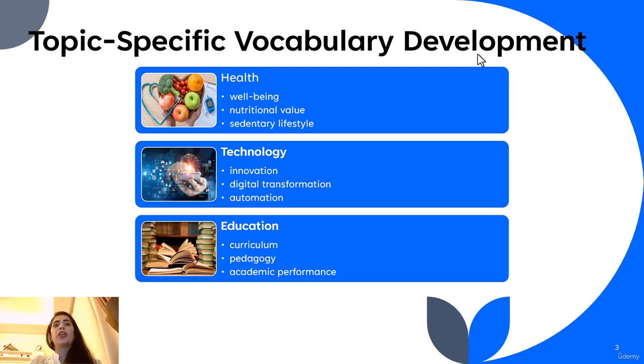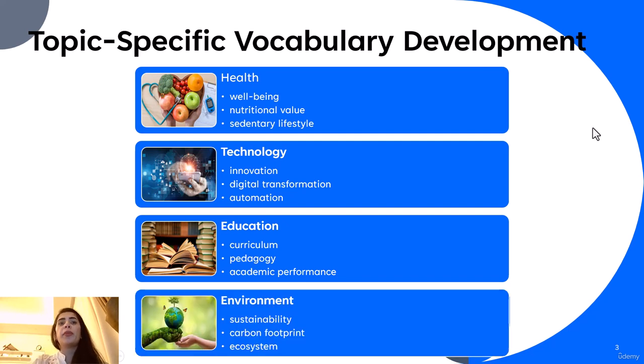In the topic of education, you might use words like curriculum, pedagogy, academic performance. And for the environment topic, sustainability, carbon footprint, ecosystem. You will find some files with a bank of words for different topics in the additional materials for this course. By focusing on topic specific words, you'll be more prepared for a variety of essay prompts, allowing you to write with greater fluency and confidence.